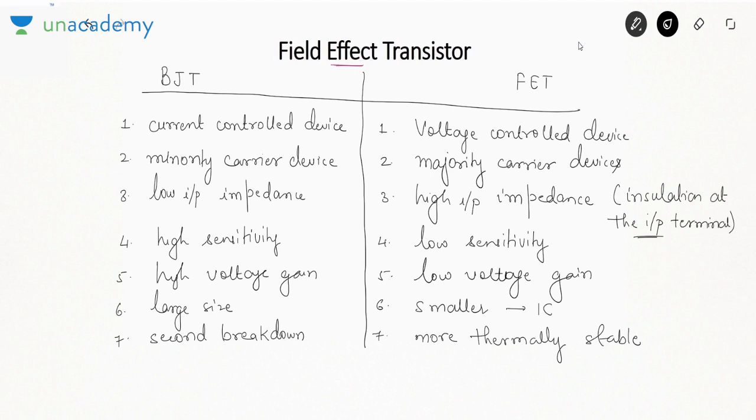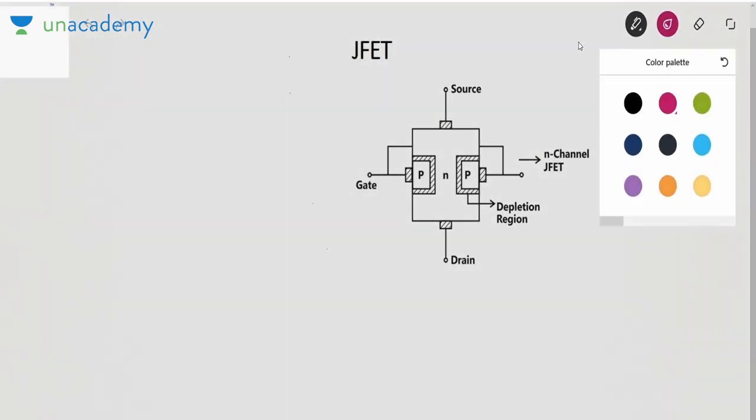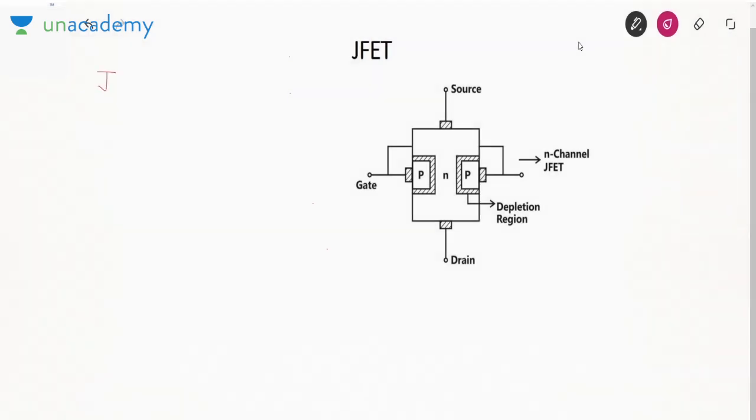Now we will start with the first part of FET, that is your JFET, junction field effect transistor. So the full form of JFET is junction field effect transistor.